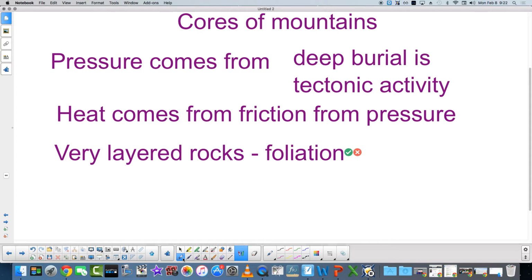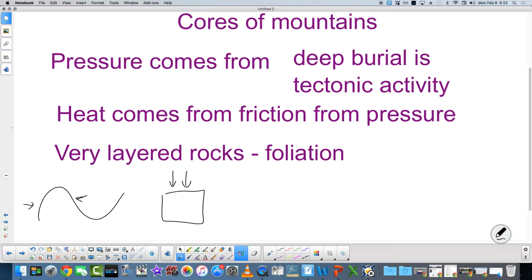And with foliation, you usually end up with the pressure coming from one direction. In mountain building, a lot of times you end up with pressure coming in from the sides. But here in the diagram, I'm going to draw pressure coming from above from, say, deep burial.